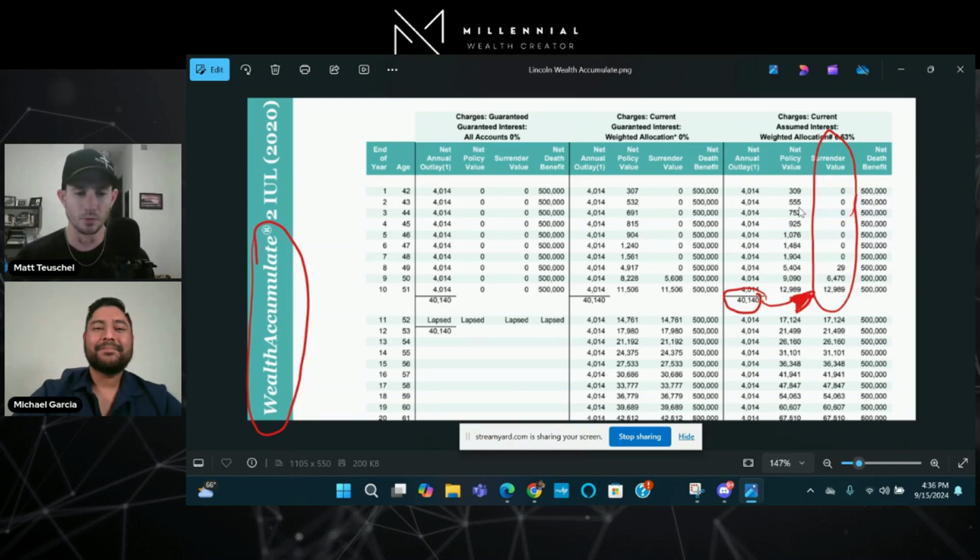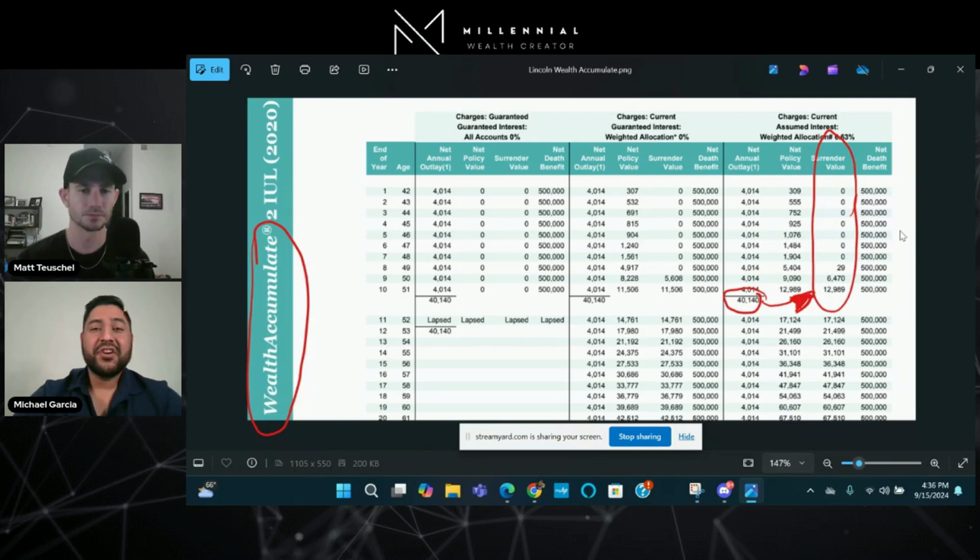One of the things I wanted to ask you, just for clarification, for those that are watching this, have just been introduced to IUL, maybe they're considering a policy, they're looking at illustrations. What is the difference there between the net policy value and the surrender value? Yeah, so there's a charge in the policy, right?